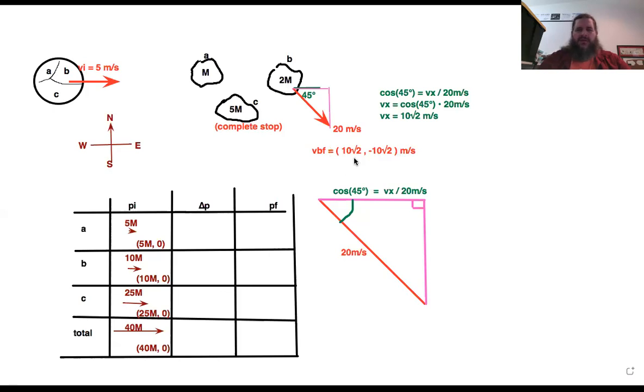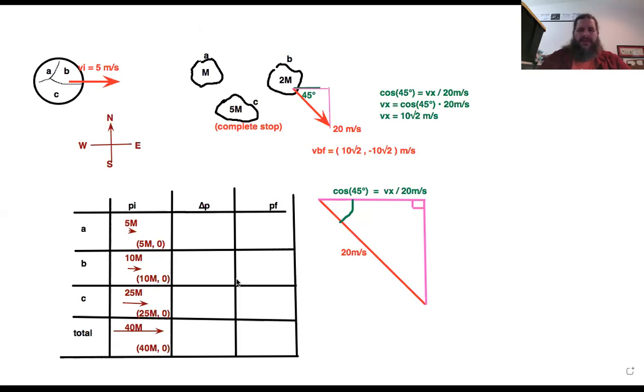So in terms of the components, how do you multiply a vector by a scalar if you have it in terms of components? Multiply each component by the scalar? Yeah, each one of those gets multiplied by the scalar. So 10 root 2 gets multiplied by 2m, negative 10 root 2 also gets multiplied by 2m.